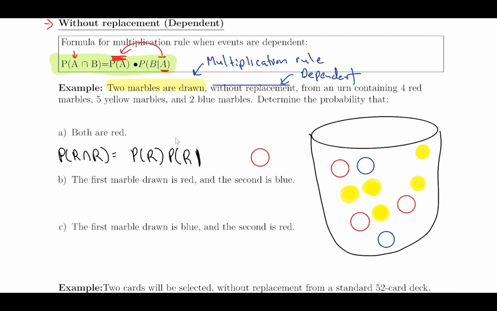And then in this back end, what marble? So in the front, you want to put which marble you want. And then after the vertical line, you put which marble was already selected. So you put that this is R.